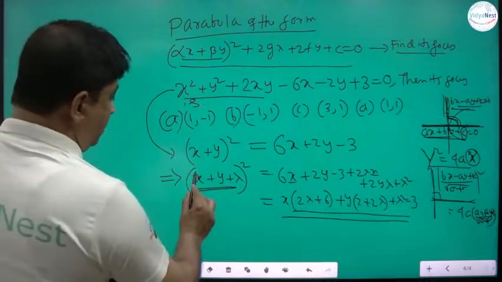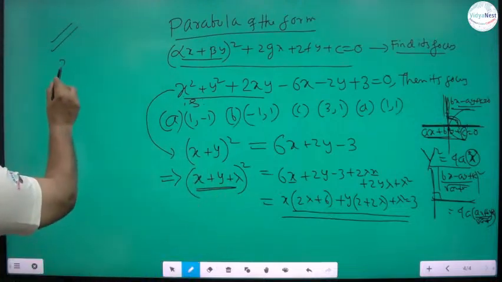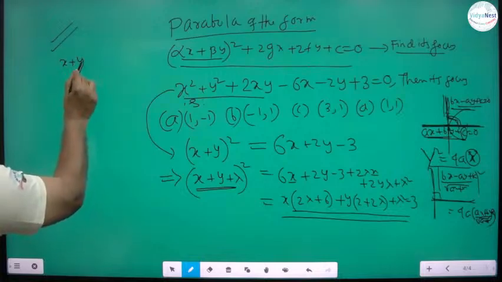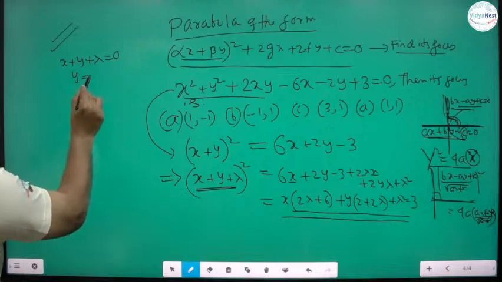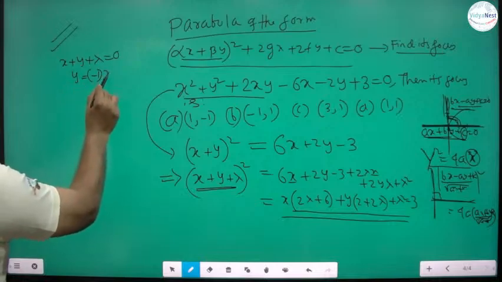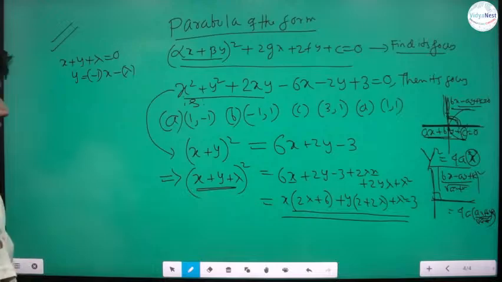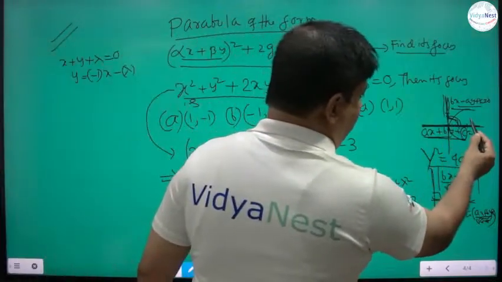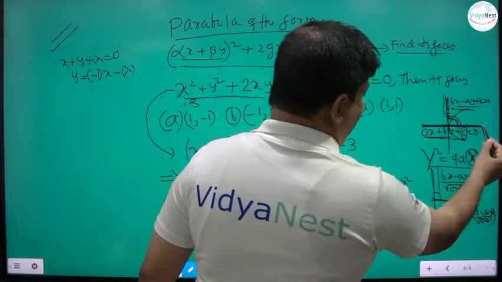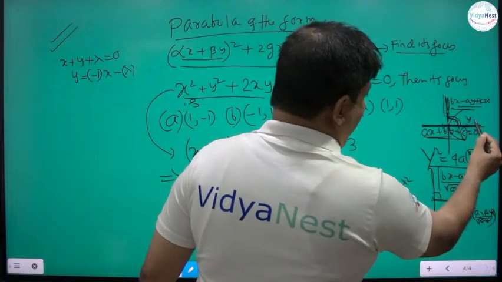So, if I make this equal to 0, y will be minus 1 into x minus lambda. That is an axis. This line's equation is what? Y is equal to 0.